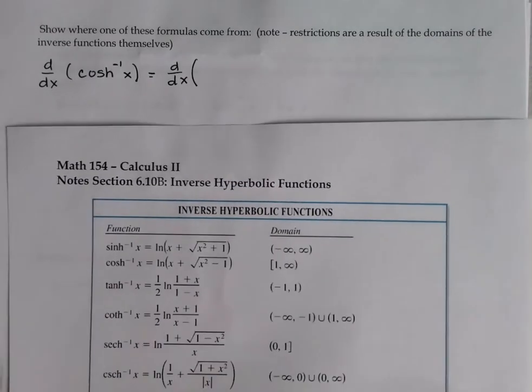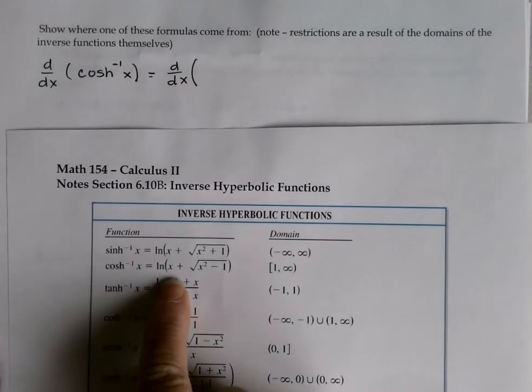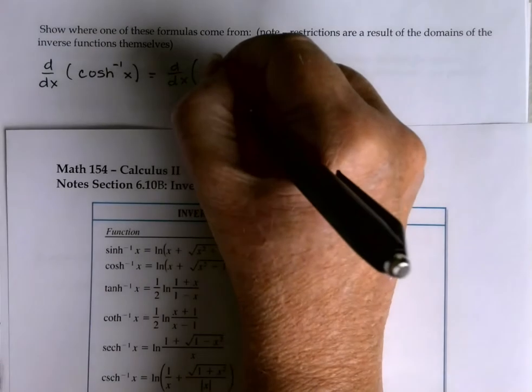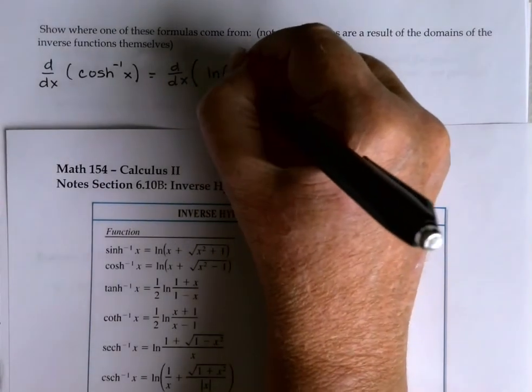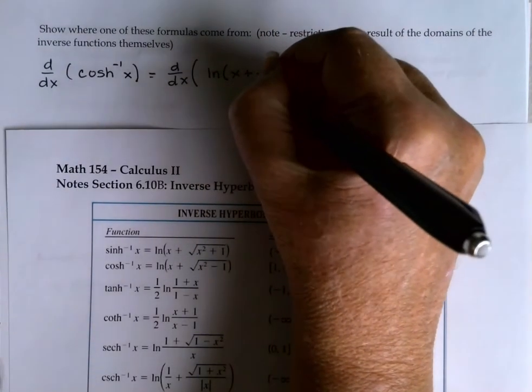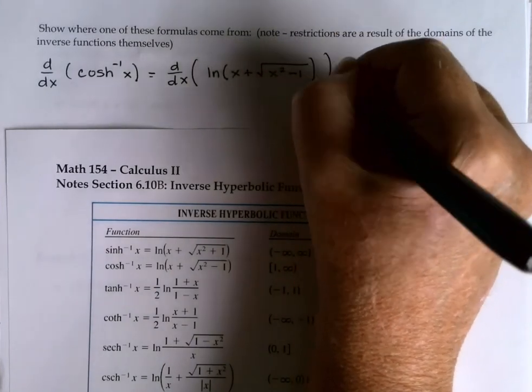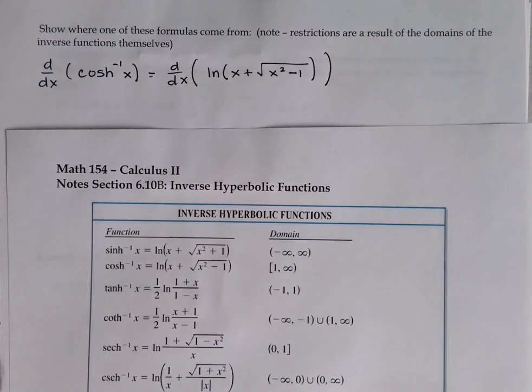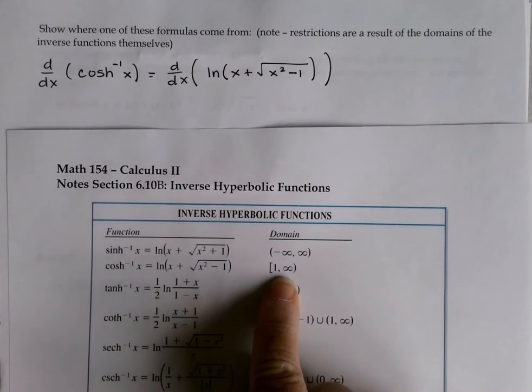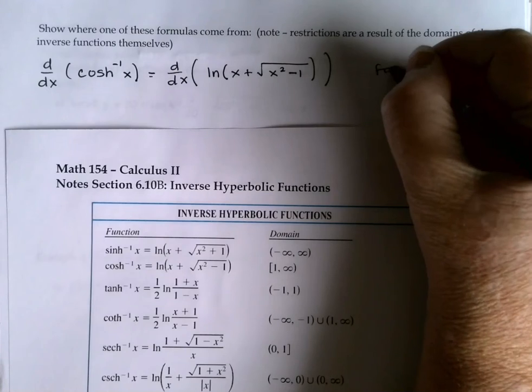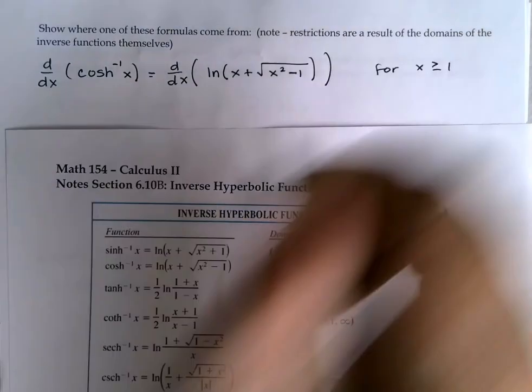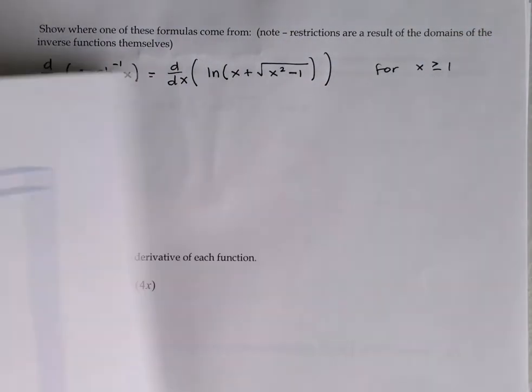I'm just going to copy the definition of the inverse hyperbolic cosine right from here. And notice, by the way, that the domain goes from 1 to infinity, so for x greater than or equal to 1, this is valid.